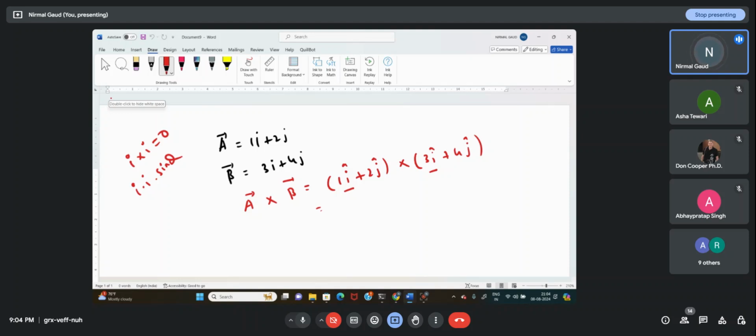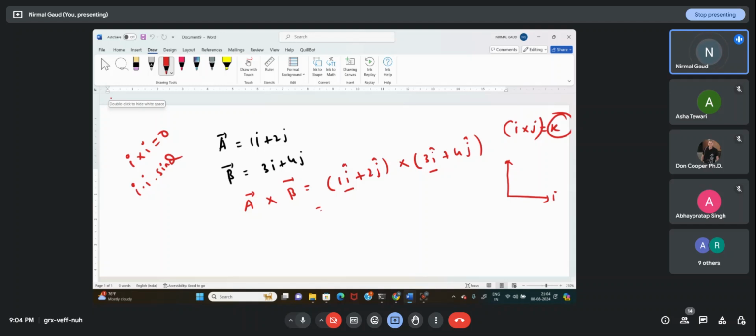1i into 4j, that is i cross j, the angle is 90, sin 90 is 1. But one more thing I need to put up here. i cross j is equal to k. k is perpendicular to both i and j. So it will be like something this.